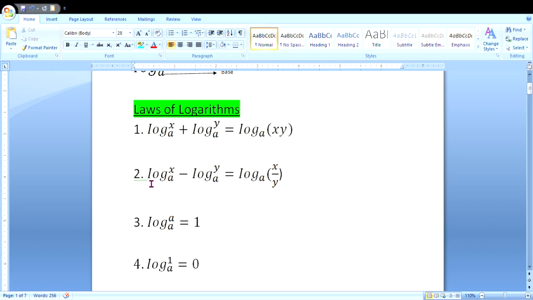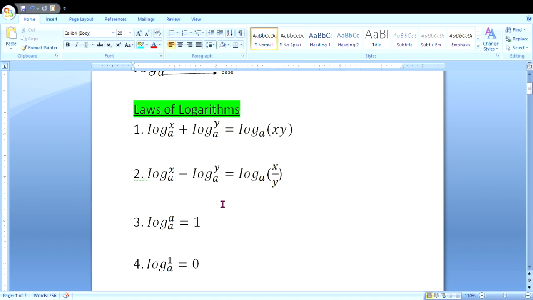Then law number two: we have a situation where the bases are the same and the operation sign is negative. All you need to do is take the logarithm to base a of x divided by y. So the x here will usually be divided by y.